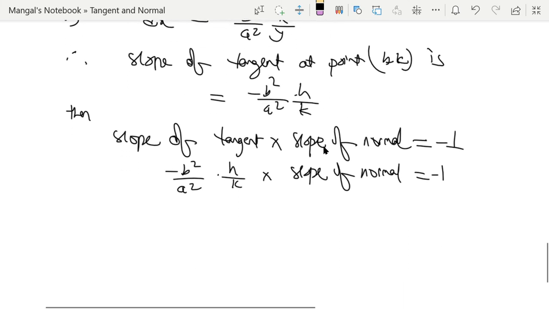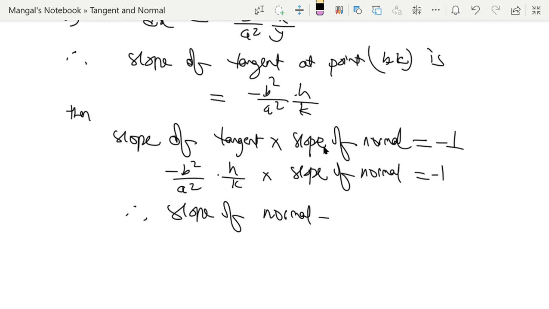On either side minus will get cancelled, therefore the slope of normal will be equal to a square and k going for multiplying, and b square and h coming for dividing. So a square k by b square h we get as the slope of the normal.